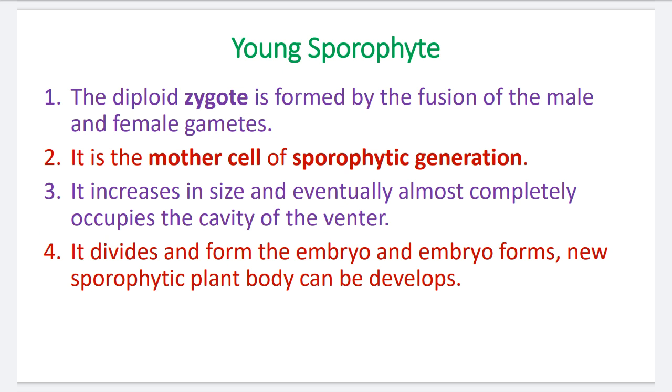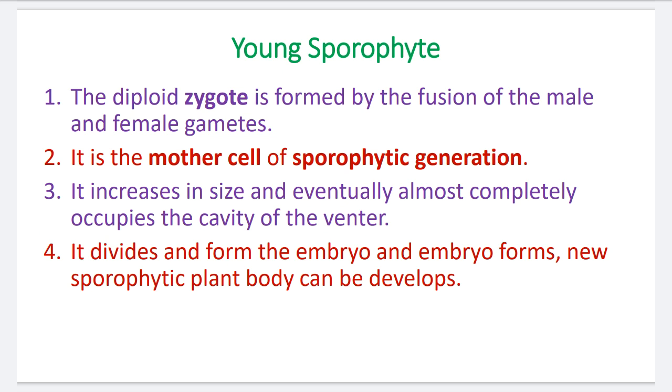But in pteridophytes, the sporophytic plant body is always diploid, because it is directly developed from the diploid zygote. Then a diploid embryo is formed, and the diploid embryo produces the underground rhizome and aerial shoot, and the shoot shows dichotomous branching, and in this way the entire diploid sporophytic plant body develops in Psilotum. This is about the alternation of generation in Psilotum.